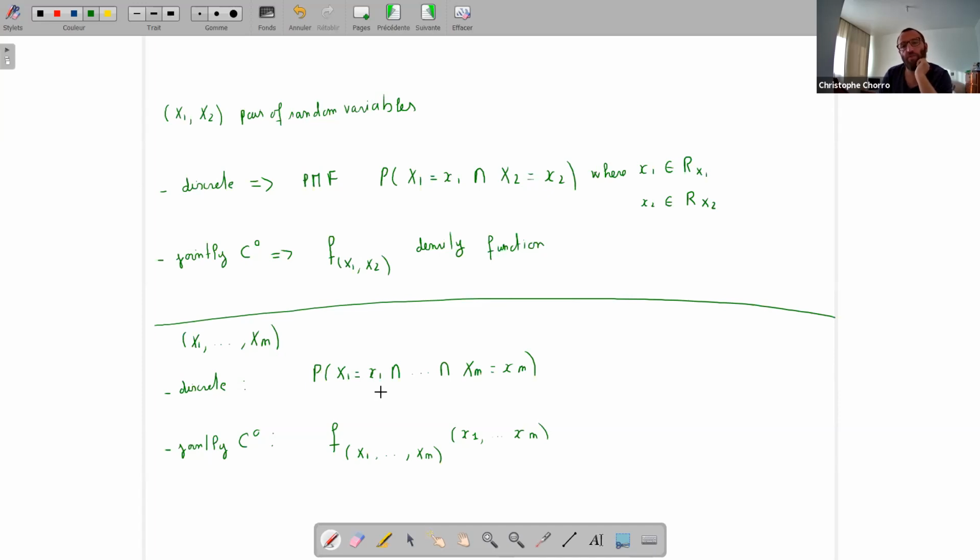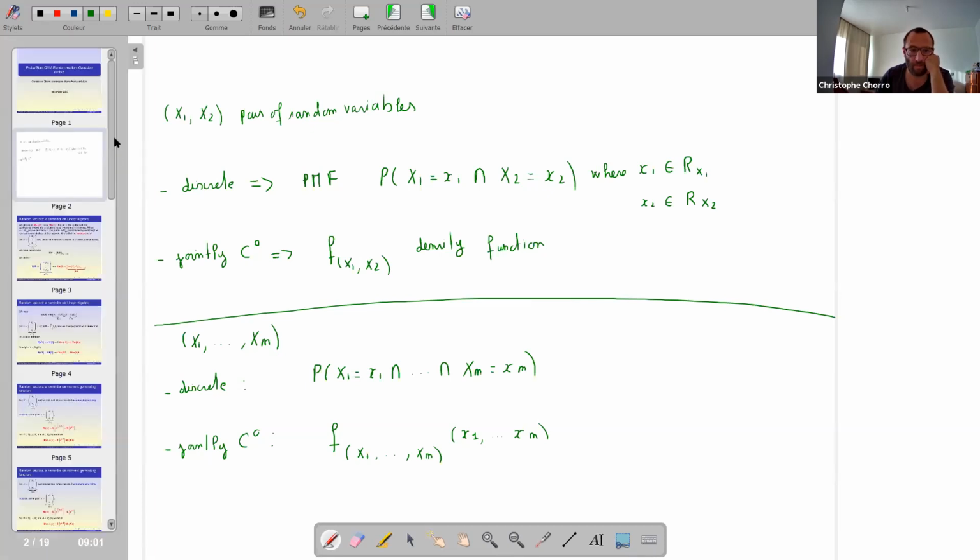Okay, so it was just to tell you at the beginning that random vector is something that we have in fact done a little together when we have spoken about pairs of random variables, okay? So what I want to do now, in fact, is to deal with this kind of object here.